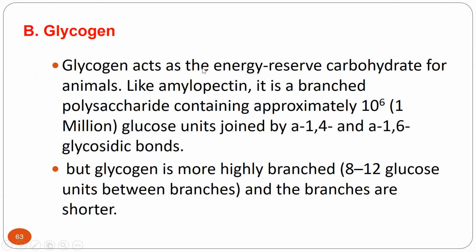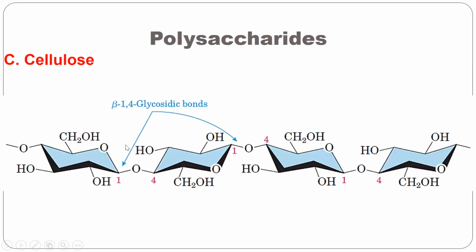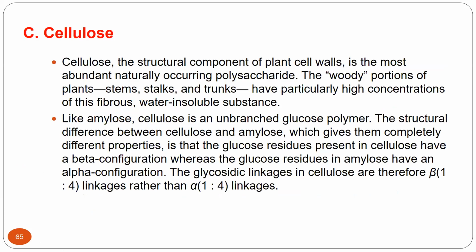Glycogen is an energy reserve carbohydrate for animals. So we are part of the animal kingdom, the humans. We have stored glucose, kanang sa itong mga fats. You have the glycogen, that's for animals. As we don't have cellulose or amylose starch, but we have stored glucose in the form of glycogen.